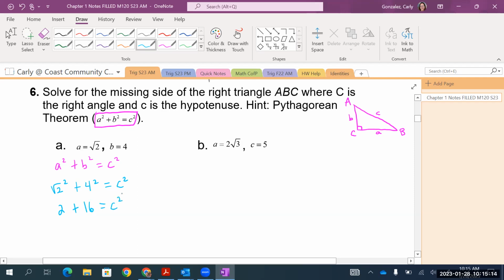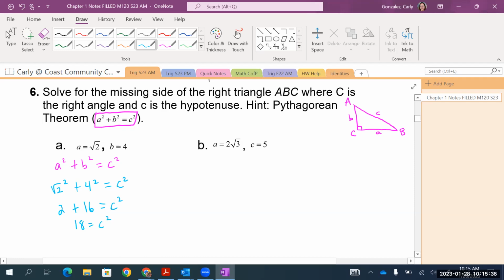And that will still equal c squared. So we're just bringing down all of the quantities. Bring down the equal sign, bring down that c squared. Now, these are like terms. So 2 plus 16 is 18. And that still equals c squared.